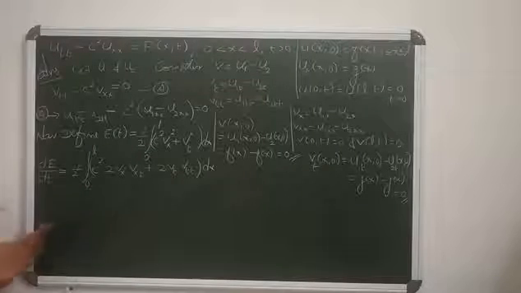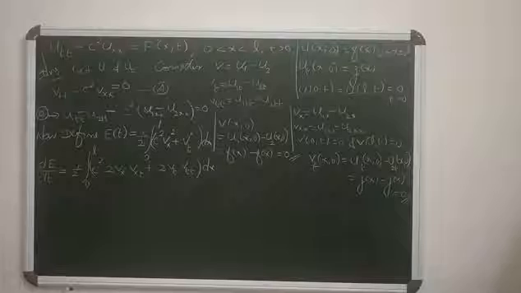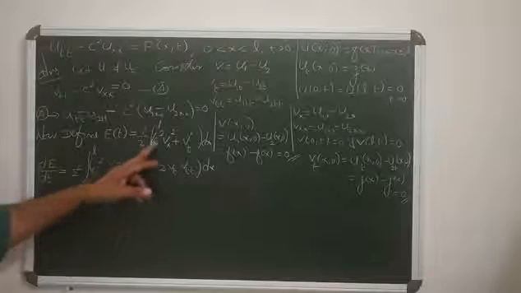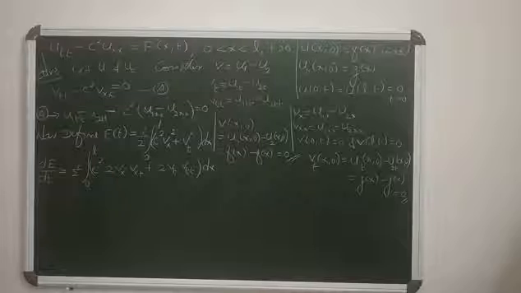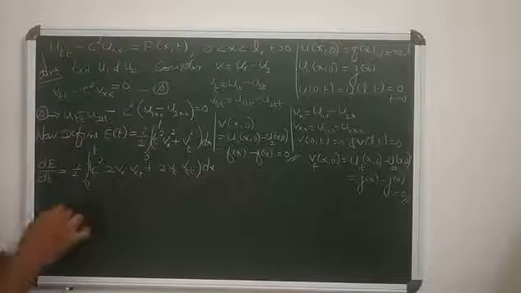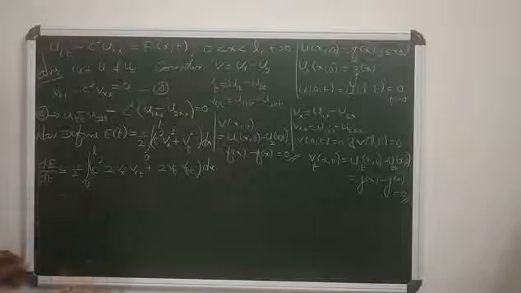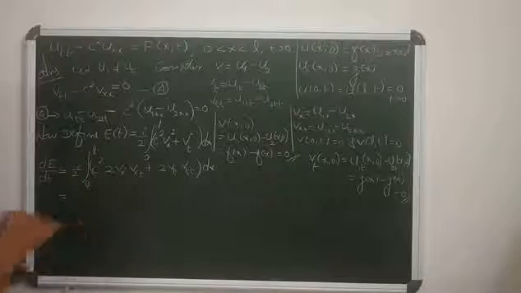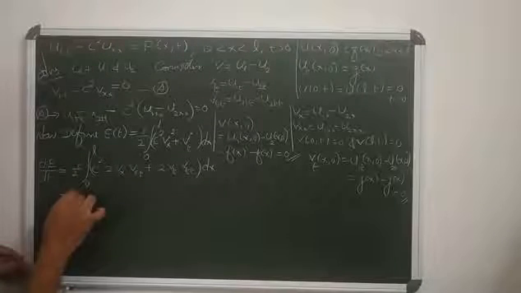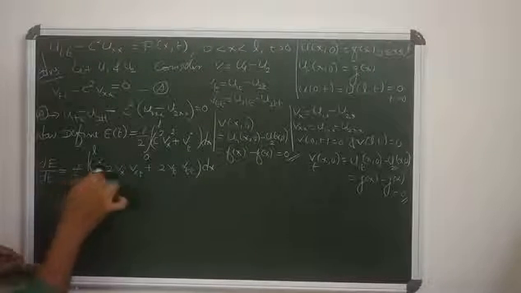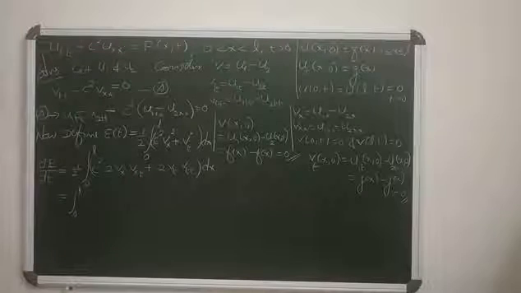Now dE/dt is half of the integral from 0 to L of c squared 2 v_x v_xt plus 2 v_t v_tt dx. Which equals the integral from 0 to L, the 2 and 2 cancelling each other, take 2 outside commonly. What remains?